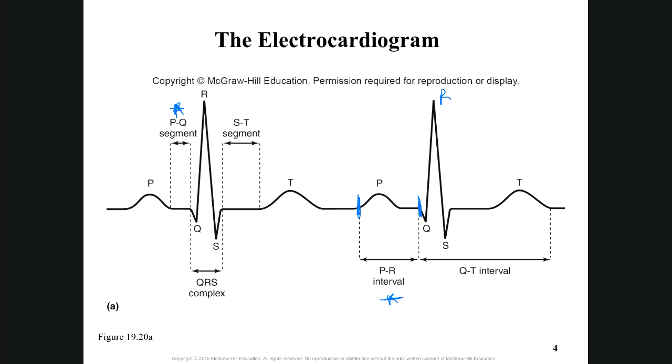The next interval which we have here is called the QT interval, and this is the QT interval. The QT interval starts at the beginning of QRS and ends at the end of T. What happens during this time?